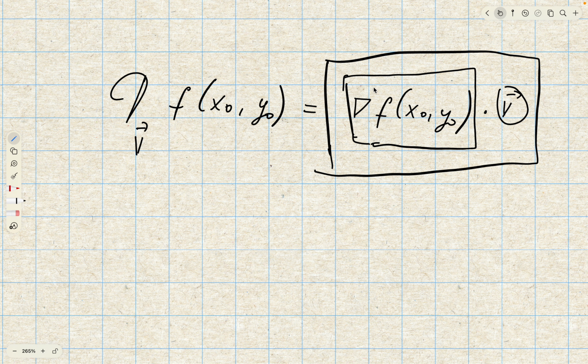The dot product is the length of the gradient vector, multiplied by the length of this vector v, and multiplied by the cosine of the angle between those vectors.